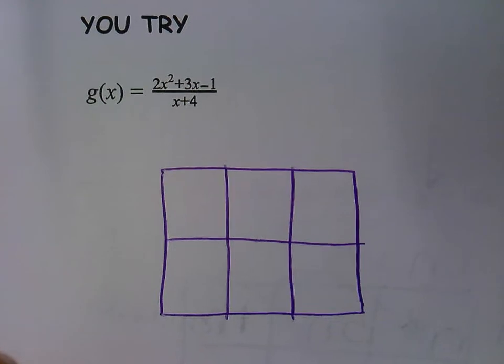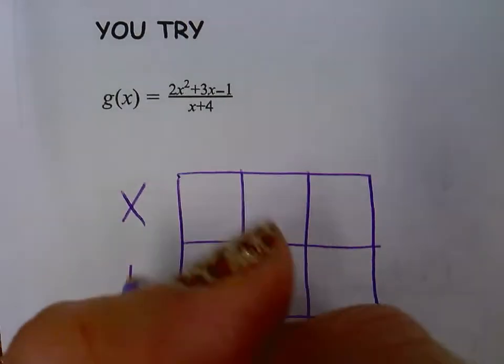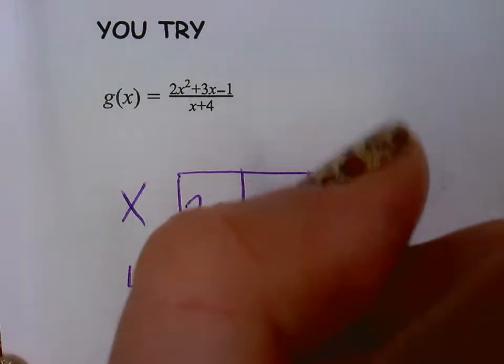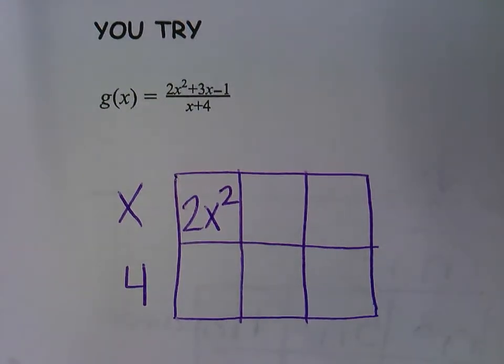So we're going to put x plus 4 down the side and see how 2x squared sneaks into that top left corner. So what's going to go on top this time? What times x will give me 2x squared? What would have to go there?